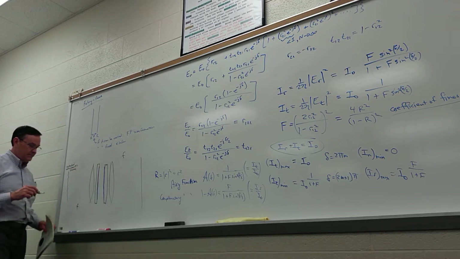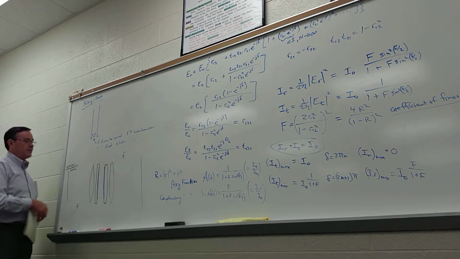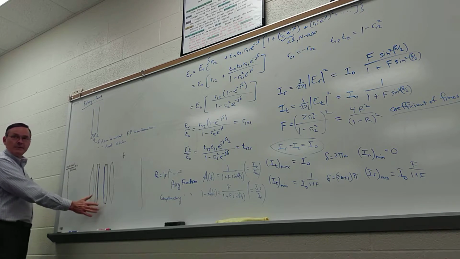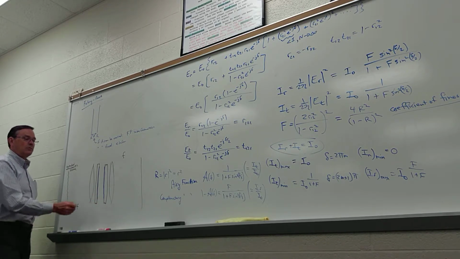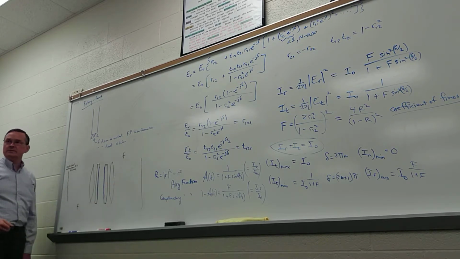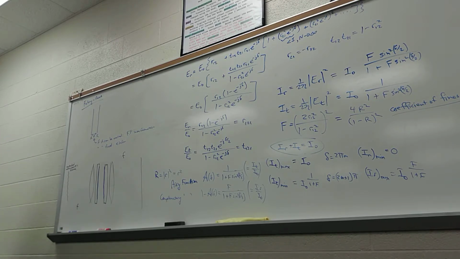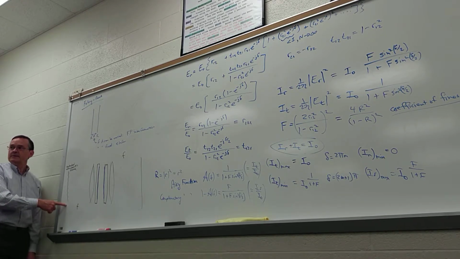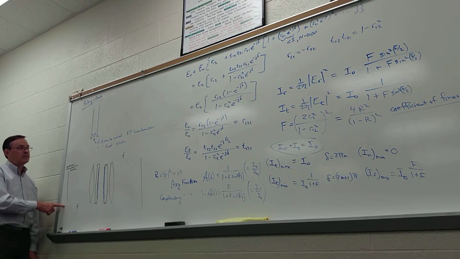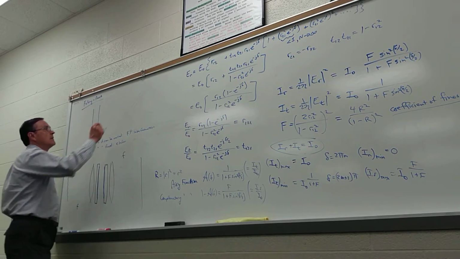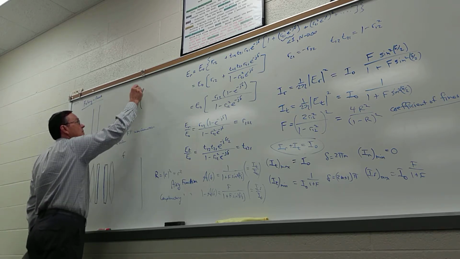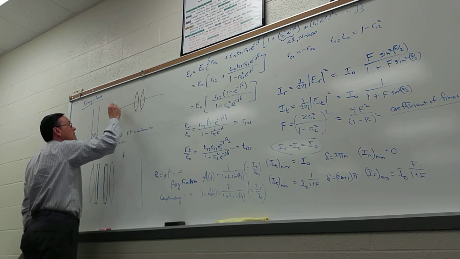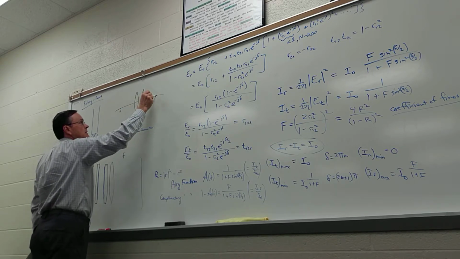And the first thing is, what if I didn't have this Fabry-Perot here? What would I get in the image plane? Whatever your source was. You'd get an image of the source. So a two-lens system, is this like a microscope or a telescope? Yeah, so this is one focal distance away.